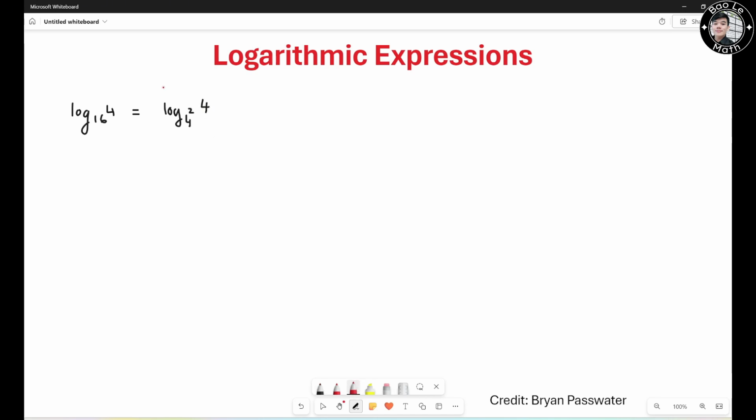We see 2 as the power right here. When we bring it to the front, it turns out to be 1/2, the reciprocal of 2, times log base 4 of 4. Log base 4 of 4 means 1. So we have 1/2 times 1 equals 1/2.